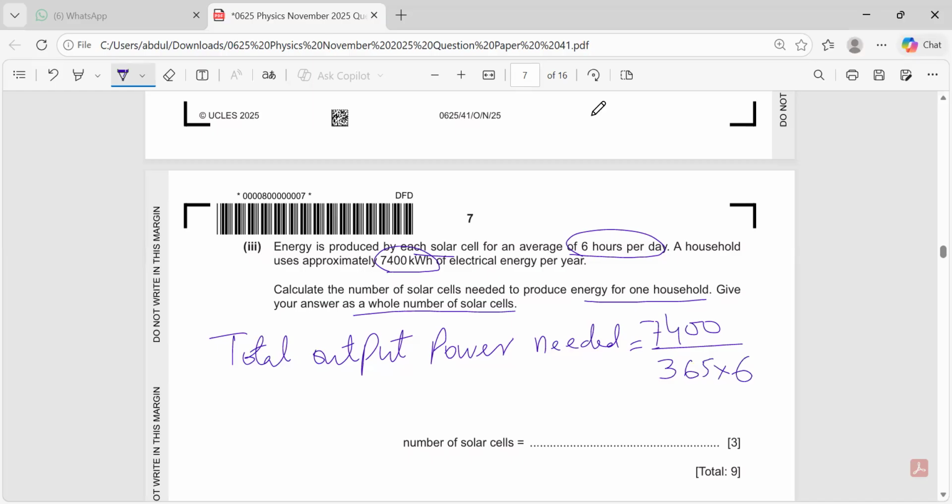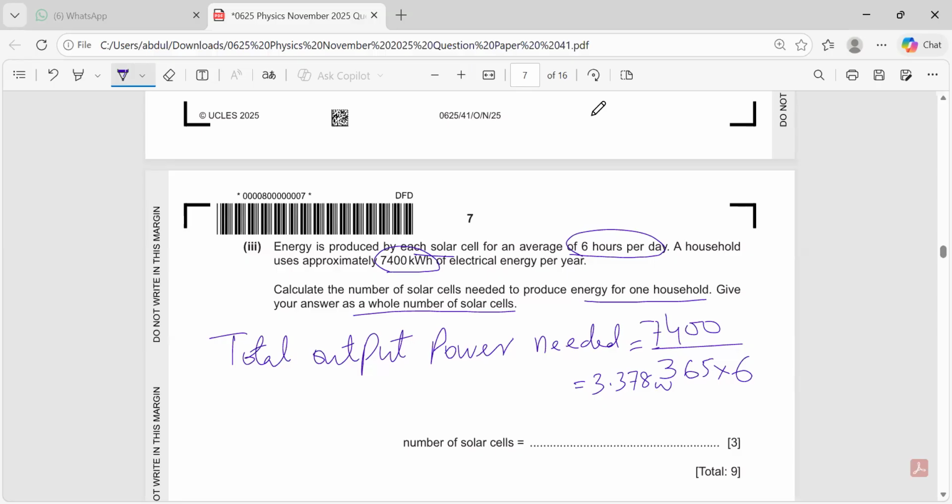My dear friends, the answer comes to be 7400 divided by 365 times 6, and I'm getting 3.378. This is per day.